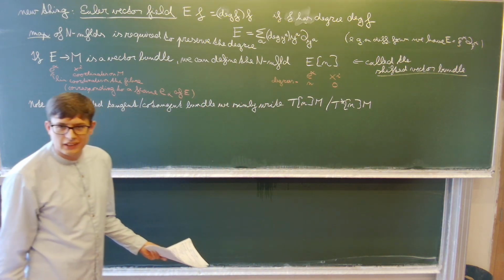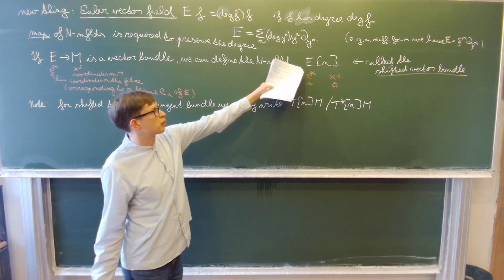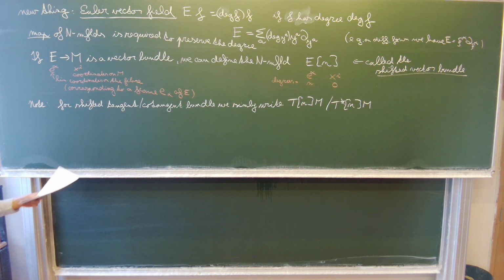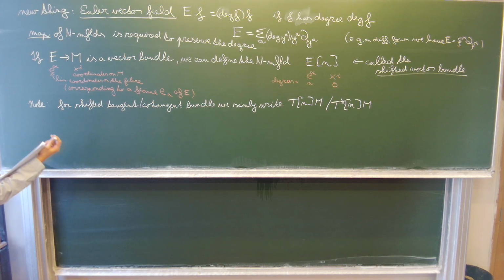So it's kind of similar, but you might expect that we would call this TM and then square bracket n. But in fact, no, this is the notation. That was not very deep.